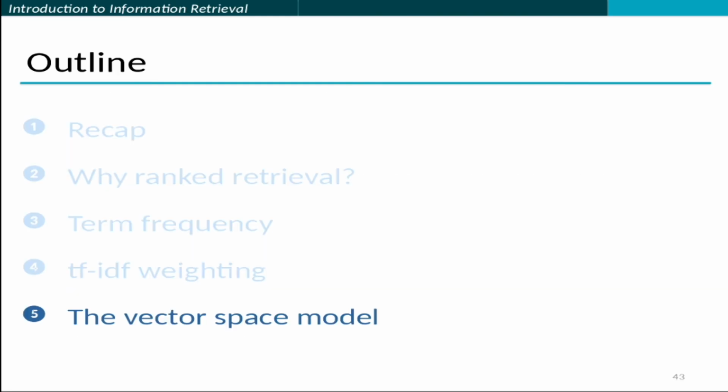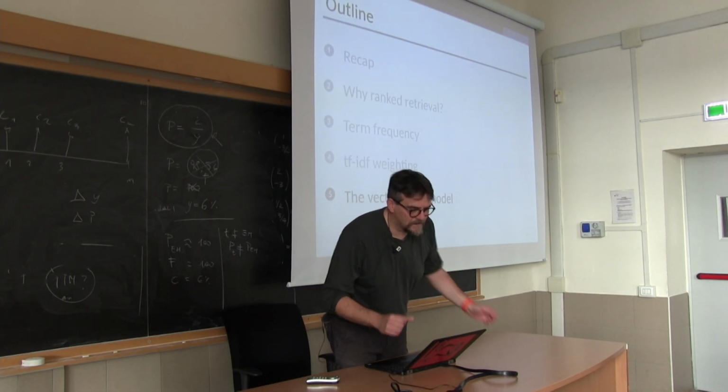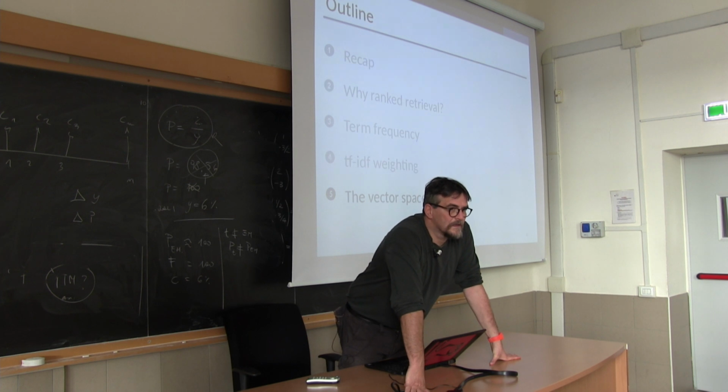Okay, so now we know why we need ranked retrieval. Yes? Just a practical question. Since the score depends on the query, how are these ranks computed at runtime, when the user makes the query?